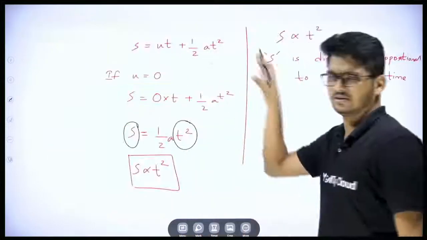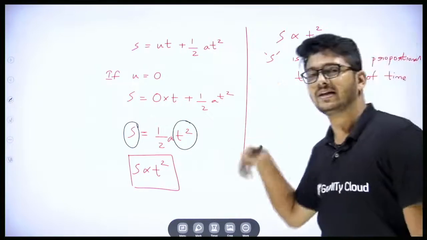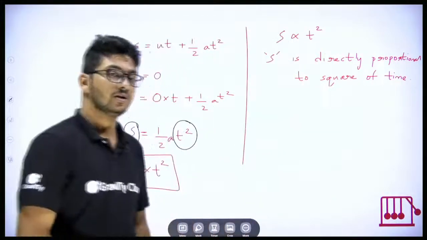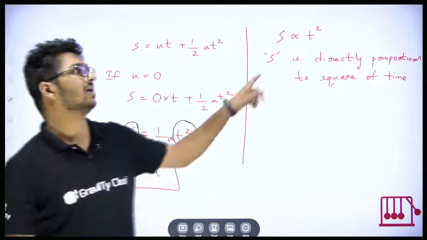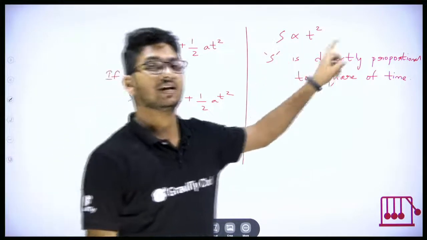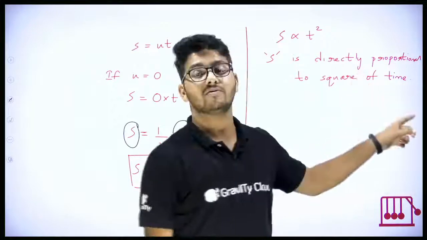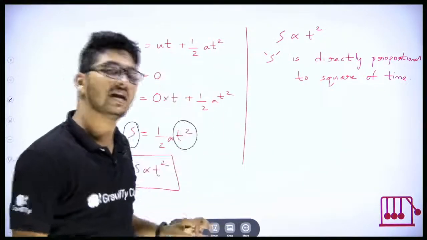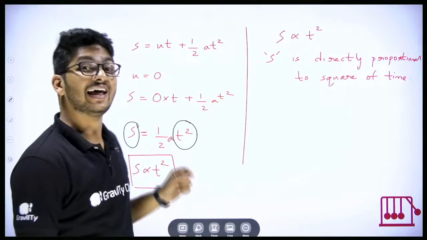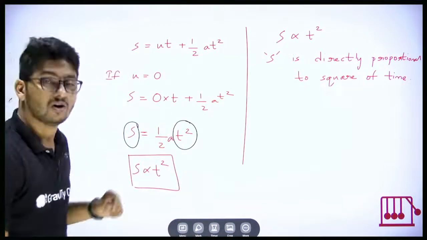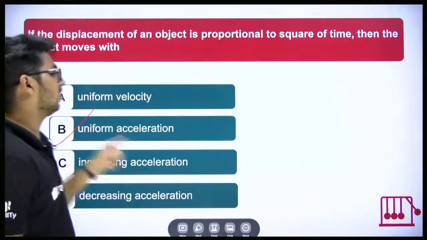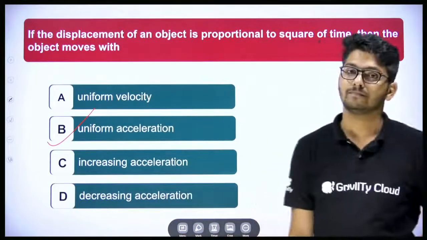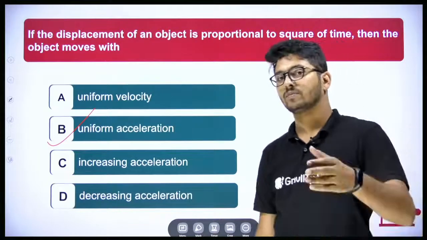This complete equation, whatever we are doing, is applicable only when acceleration is constant. So this condition that we got here, that displacement is directly proportional to the square of time, is valid only when acceleration is constant. And that means uniform acceleration. Uniform will mean constant. Simple. Understood? Okay, good enough.